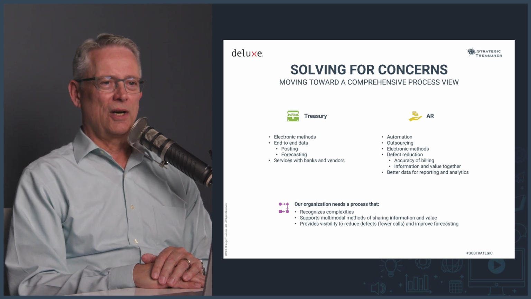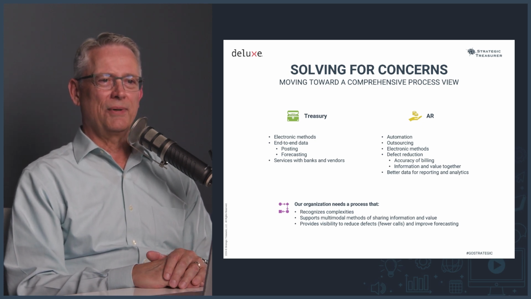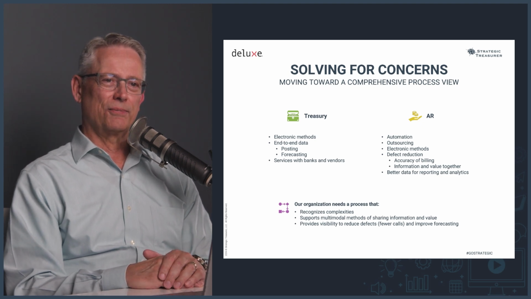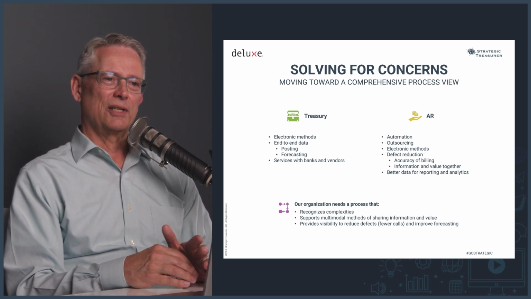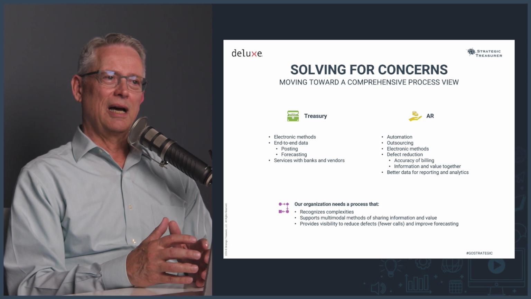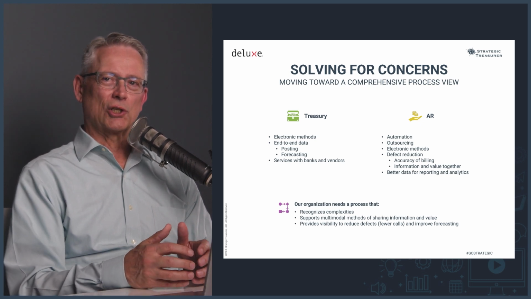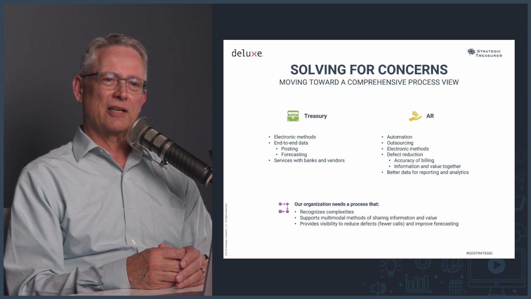That was all well and good. It got the payment into the company, but it didn't necessarily improve the cash position, because it complicated the process of posting those transactions. In some cases, it took longer to post transactions because they had gone electronic.